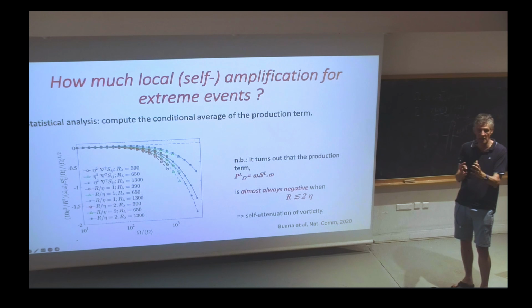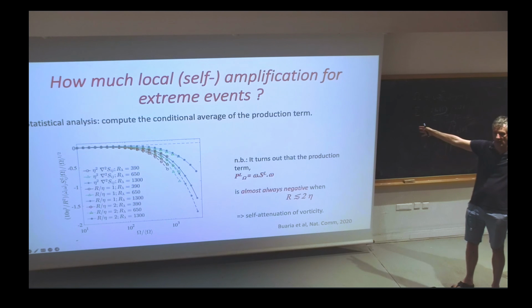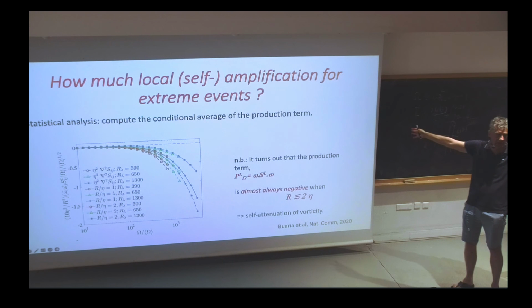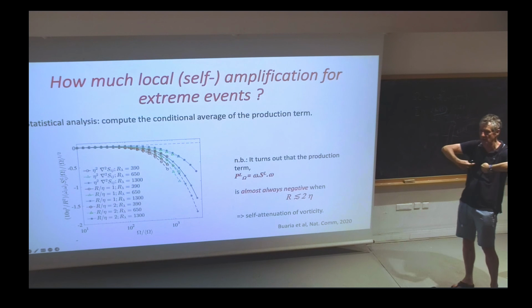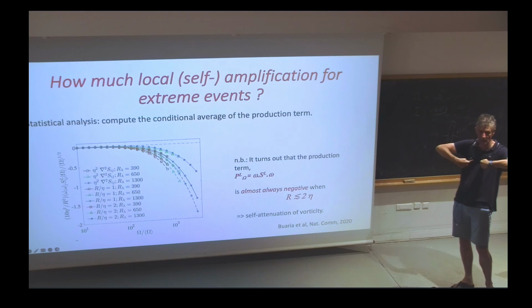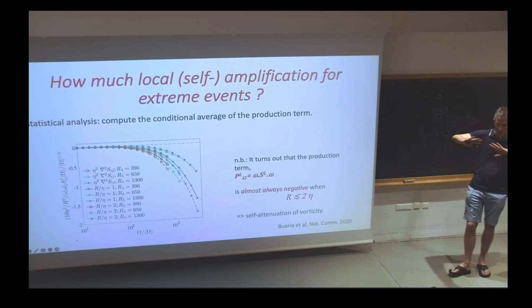In order to have blow-up, you need to have enough stretching generated locally. You don't want the stretching to come from elsewhere, because then it's passive and there's nothing happening. So you need to have some internal stretching. And the lesson here is that this internal stretching is just not there.